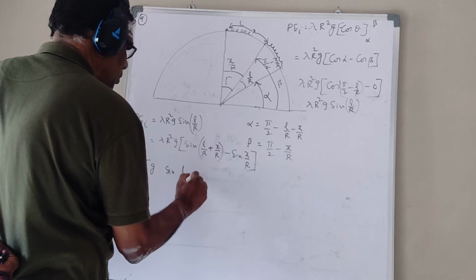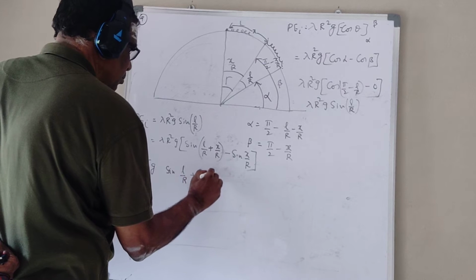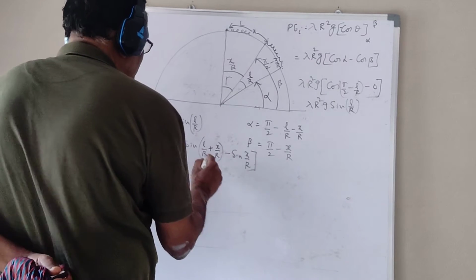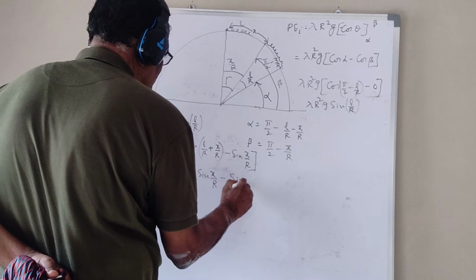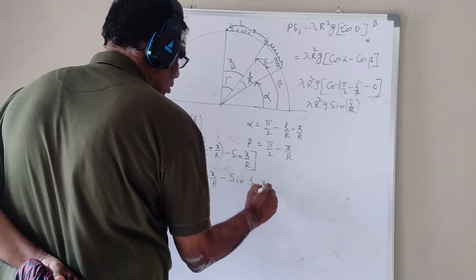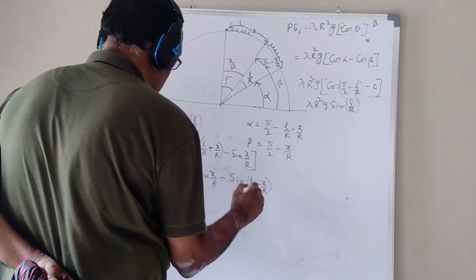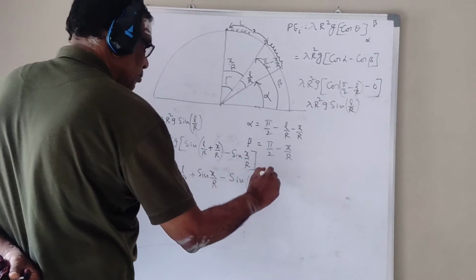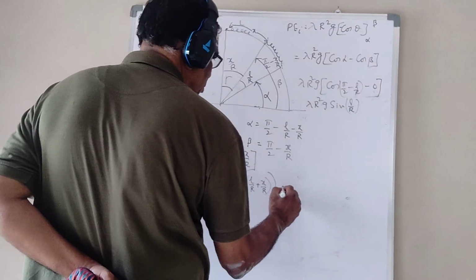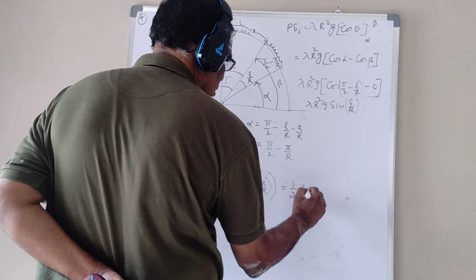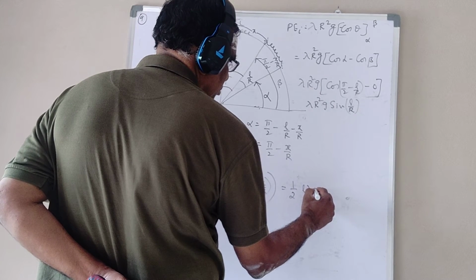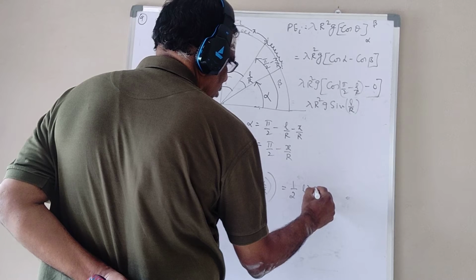So minus means this becomes plus. Sine x by r minus sine of this is changing. What is happening to all this? L lambda v square.